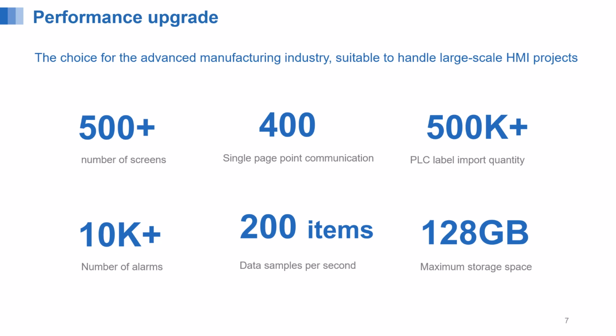The performance of FPAD: the first one is you can add 500 plus screens in one project, and you can bind more than 400 variables in a single page, and you can import more than 500,000 PLC texts into the project.